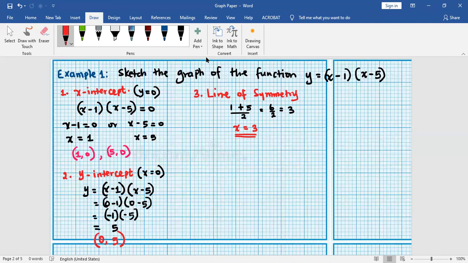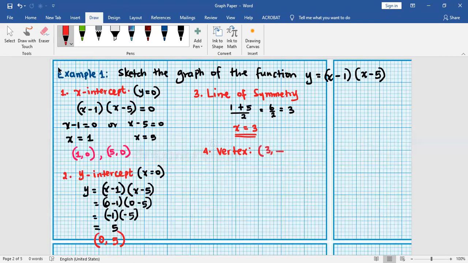Next, we need to know the vertex. Now, the x-coordinate of the vertex will always be the line of symmetry. So for the vertex, we already have x, which is 3.